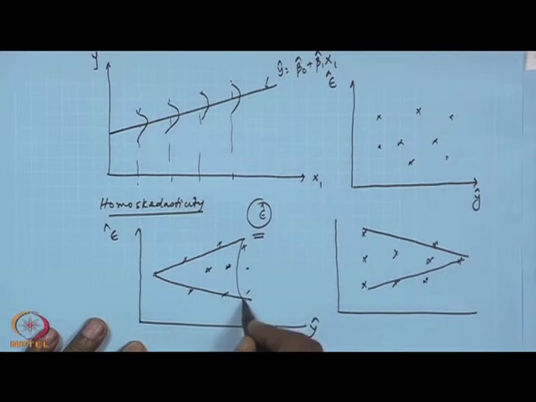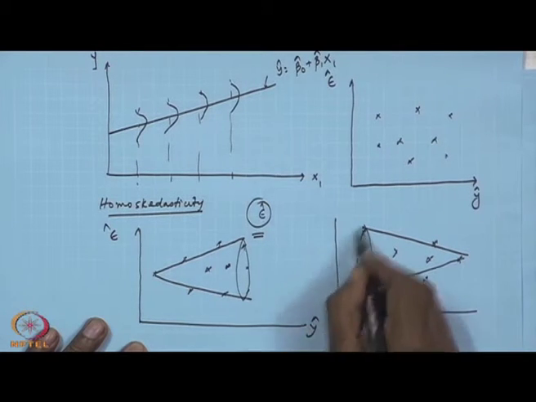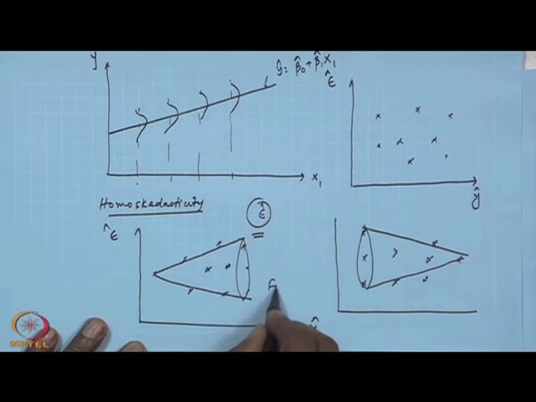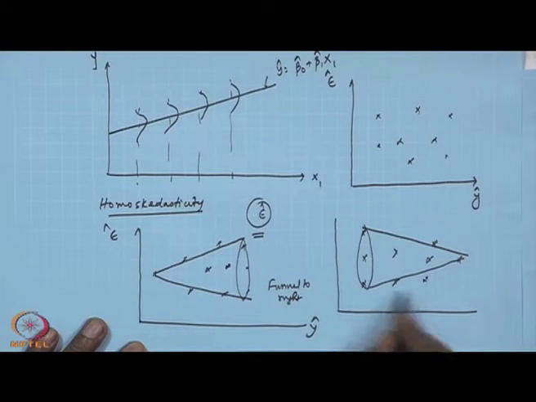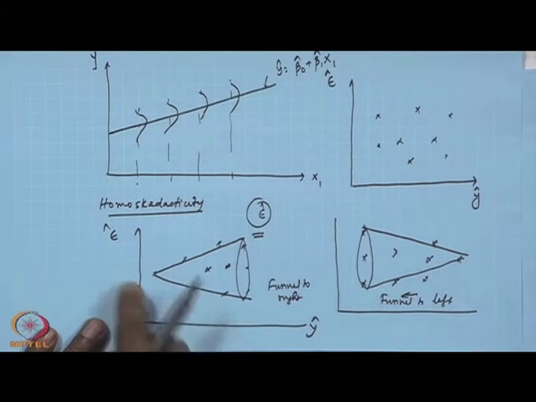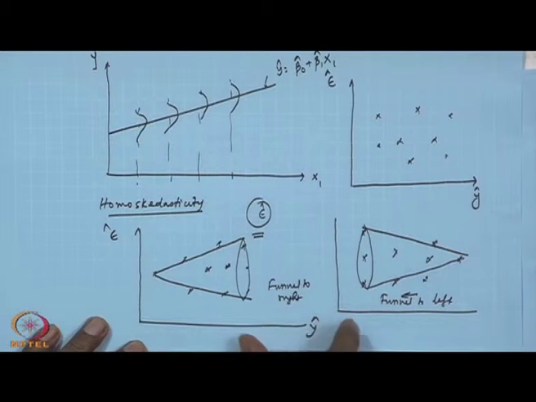So, a funnel is created here: a funnel to the right and this one a funnel to the left. If your residual plot resembles this type of picture, it is a heteroscedasticity condition, which means equal error variances are not satisfied.